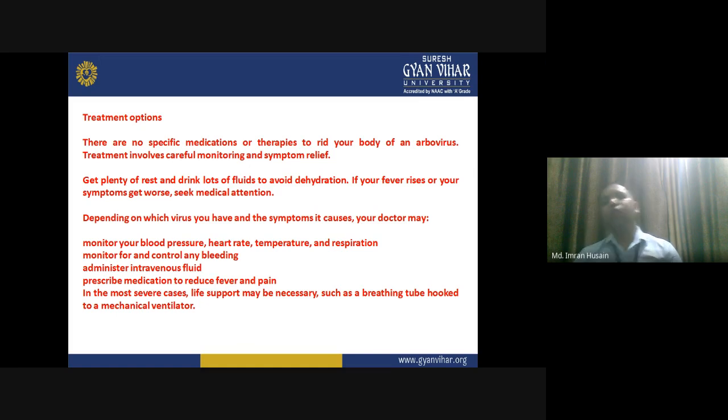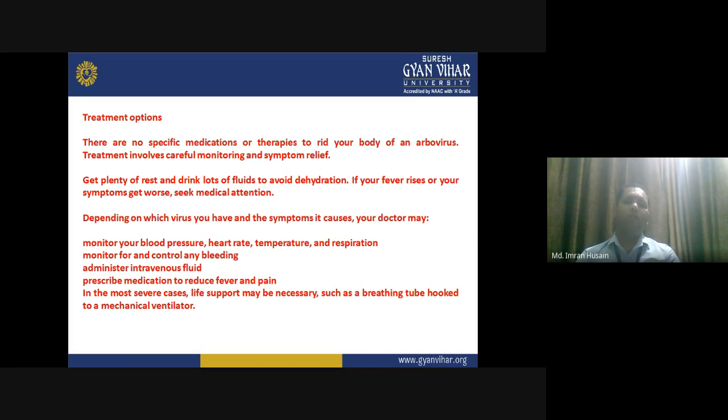So what they do in every viral disease, they just cure the symptoms. If the patient is showing some sort of symptom, they just treat the symptom. Doctors do not use medication to eliminate the disease. They just treat the symptoms as long as you are going to have them.